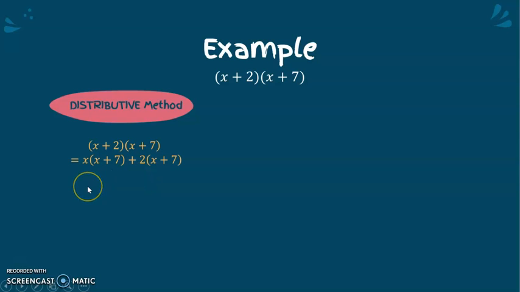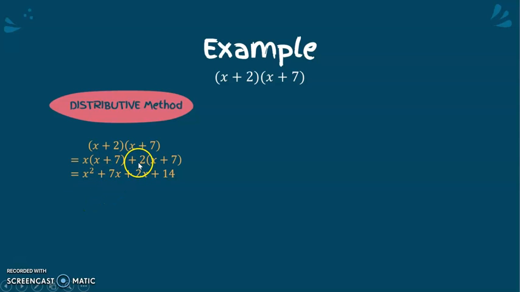Now let's multiply one by one. We have x times x, which is x squared. If you can still remember, when the literal coefficients are the same, we just copy the literal coefficient and add the exponents, so 1 plus 1 is 2. Then x times 7: since we cannot combine 7 and x, we just write them together, with the numerical coefficient written first before the literal, so 7x.